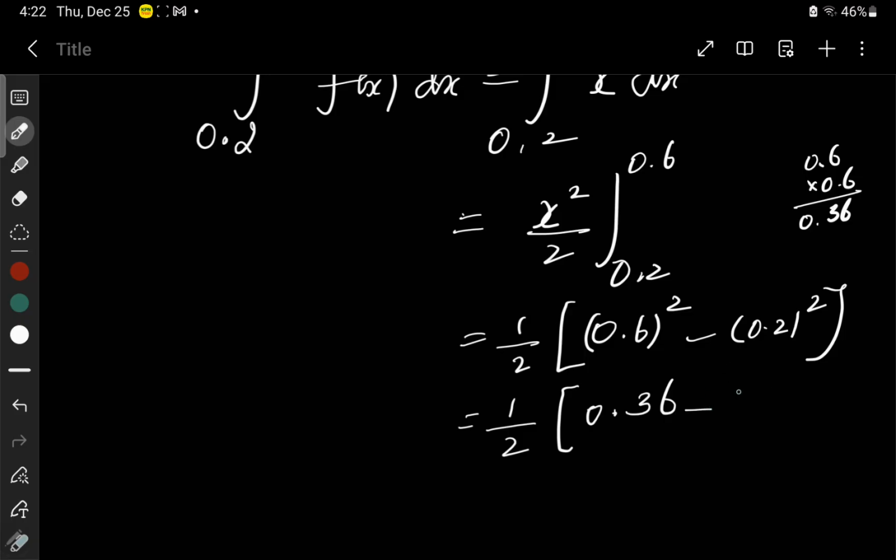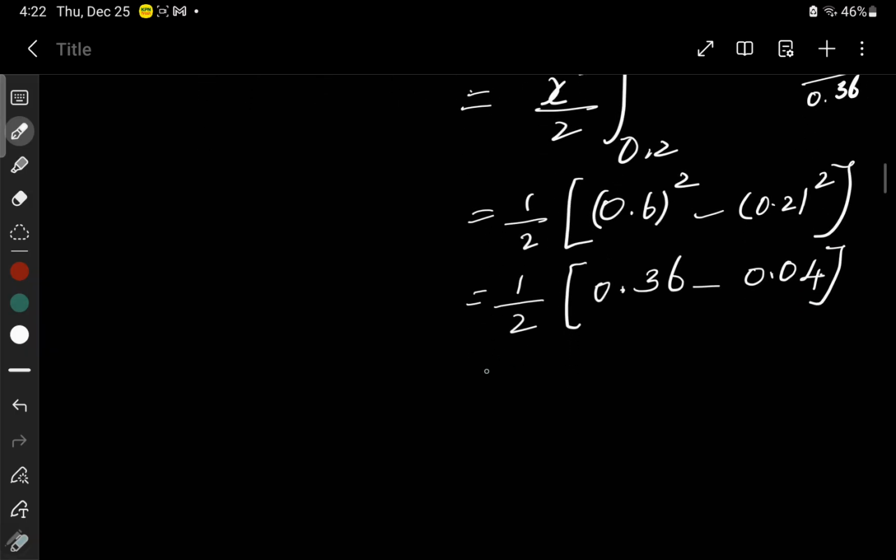Same here, 2 squared is 4, with the point after 2 decimals. Subtracting, you will get half into 0.32. That is equal to, divide 0.32 by 2, in 3 it goes one time.